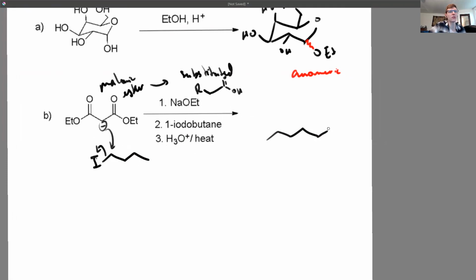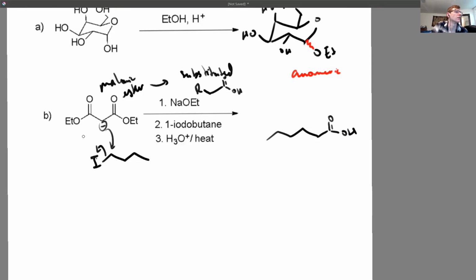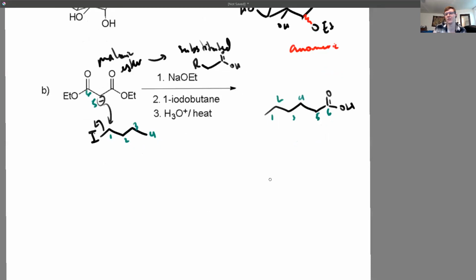We have 4 carbons here, and so there's 6 carbons total, right? Let's pick a color to count carbons. Maybe I'll go with green. Okay, here's a nice color, right? So we have 1, 2, 3, 4, 5, and 6 carbons that stay in the end. Yes, so yeah, hexanoic is the one.